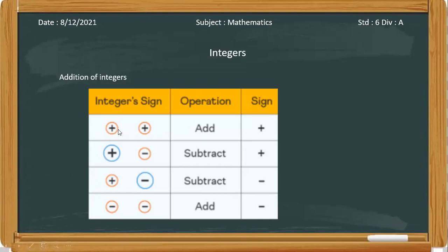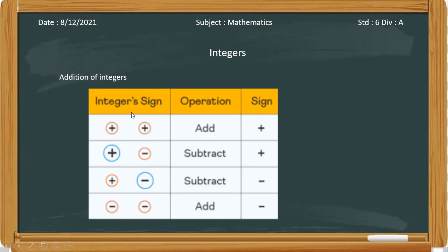So what is it? When there are two positive numbers, we add the numbers and the sign will always be positive. If there is a bigger positive number and a smaller negative number, then we subtract, and we give the sign of the positive number to it.